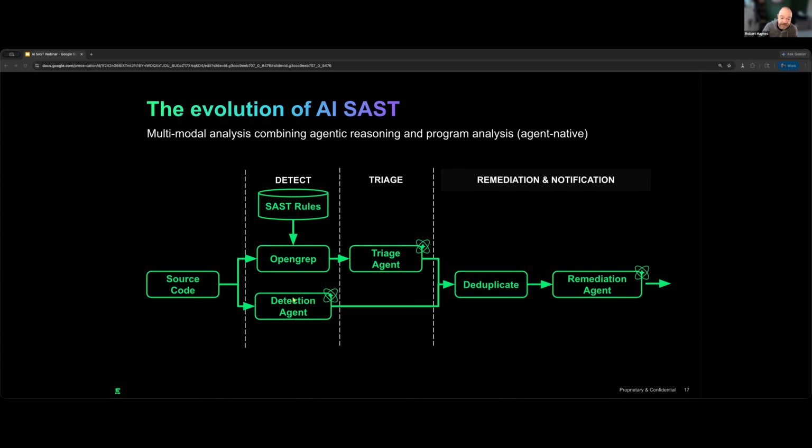So over here we can run a detection agent, which is going to find other things and possibly the same things as the rule-based thing. We can still triage the open source findings, but the detection agent is doing its own triage, and then we can deduplicate, and then we can pass it through an ability to hand back useful information to the fixing agent, whether that's a human or a robot.